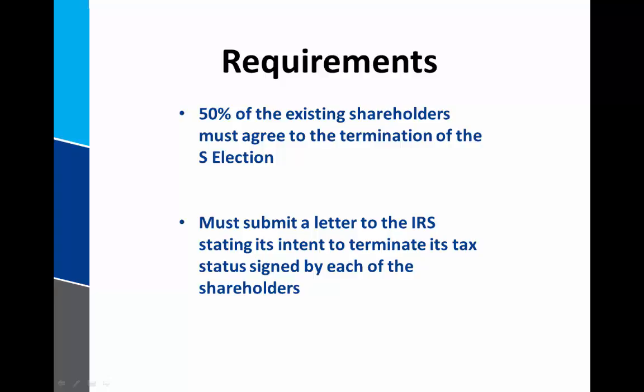And then the last thing is regarding the actual date of the revocation. In the letter, you can tell the IRS when you want to revoke the status, but if there isn't any date listed in the letter, it's basically two options.